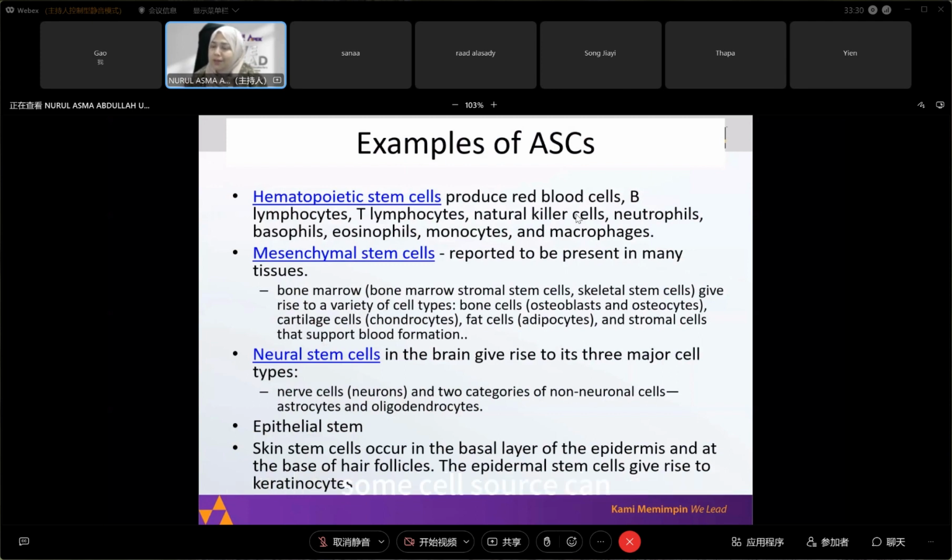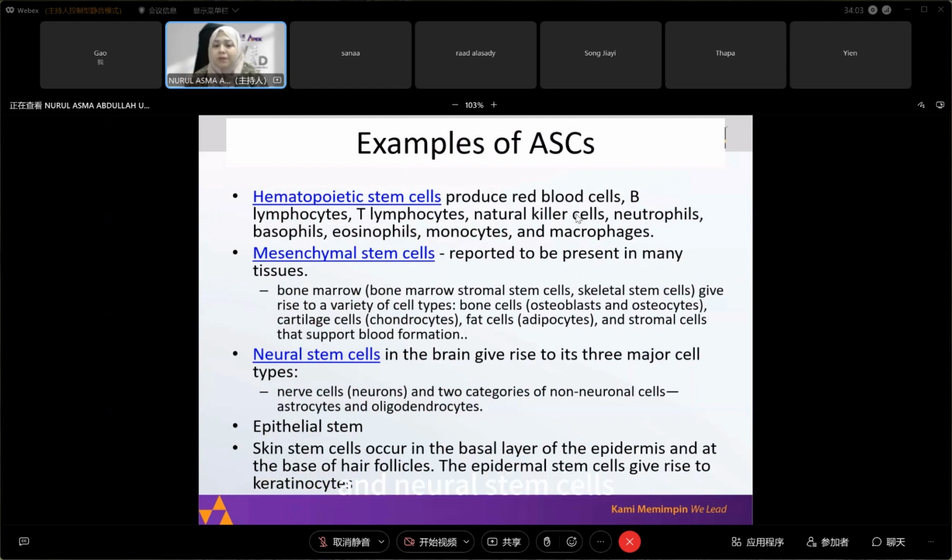Some cell sources can be differentiated into neural stem cells depending on their lineage. Lineage means where its origin is. As I mentioned, mesenchymal stem cells can originate from the bone marrow, and from the bone marrow they can differentiate into many types of skeletal cells or hard tissue cells, including the tooth.